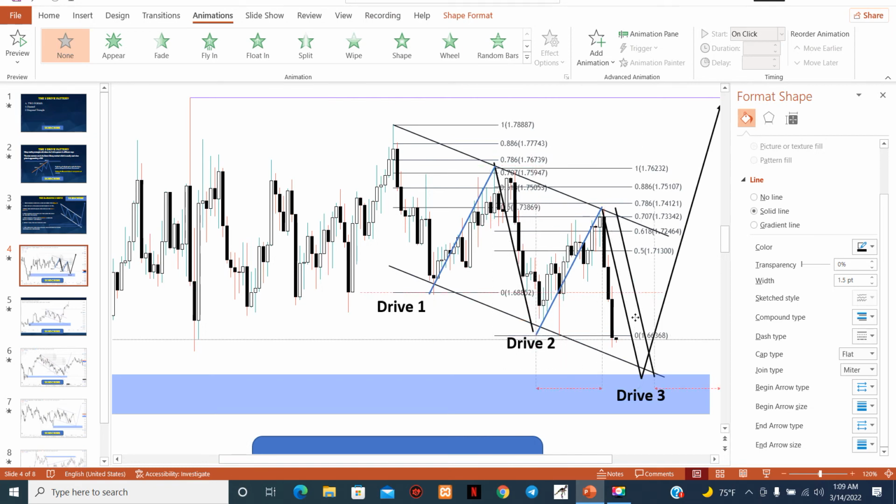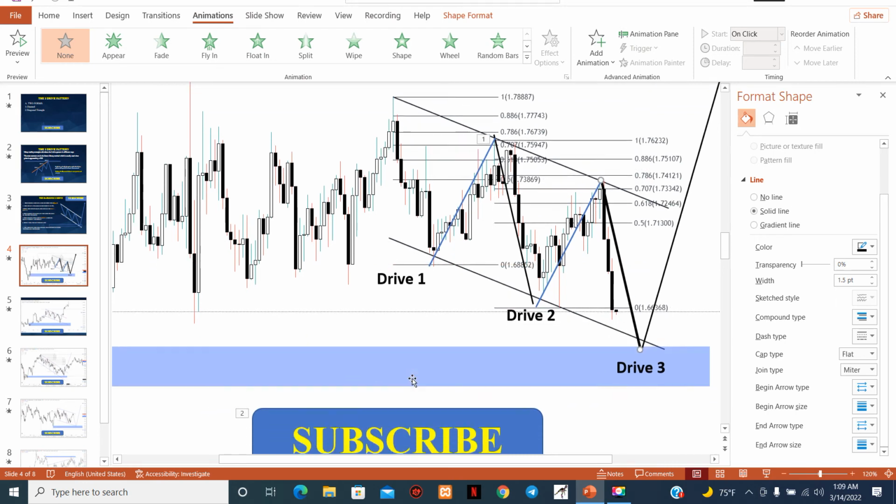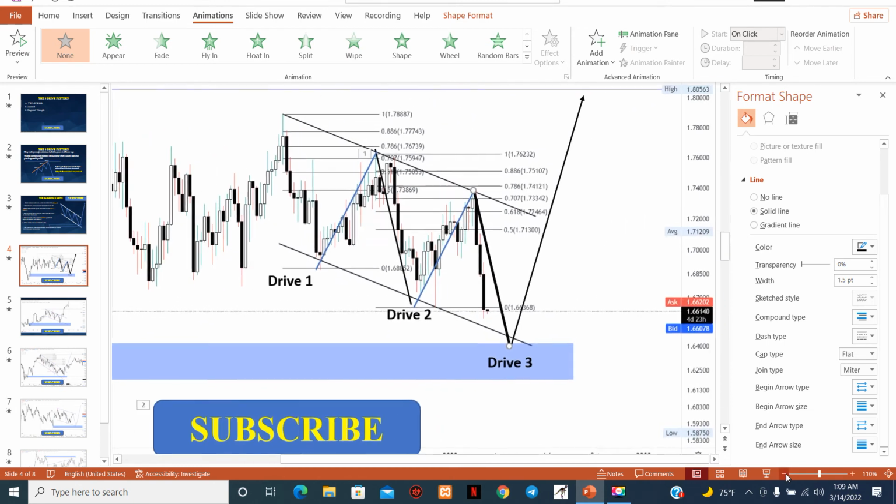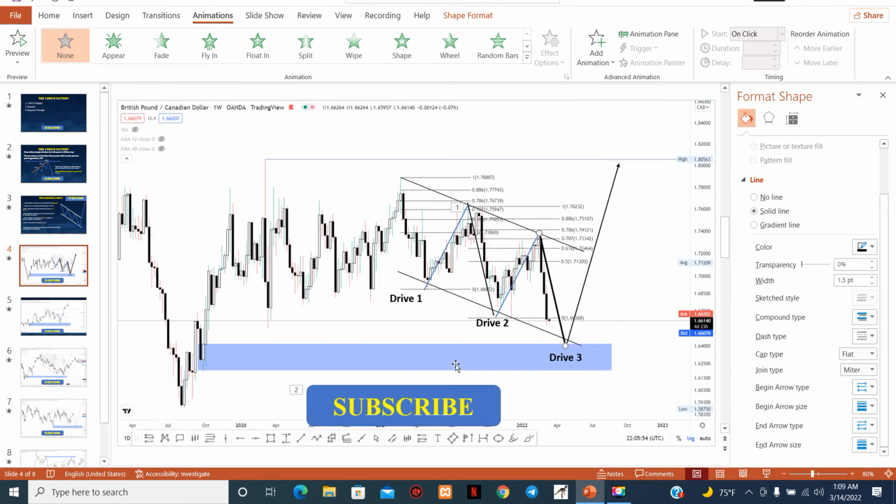If I take the same thing and put it here, I'm going to have an equal move, and this equal move will fall on a point of interest around this area. So if you get a confirmation around this point, price should trade above the beginning of this point. So I'm going to have this move.